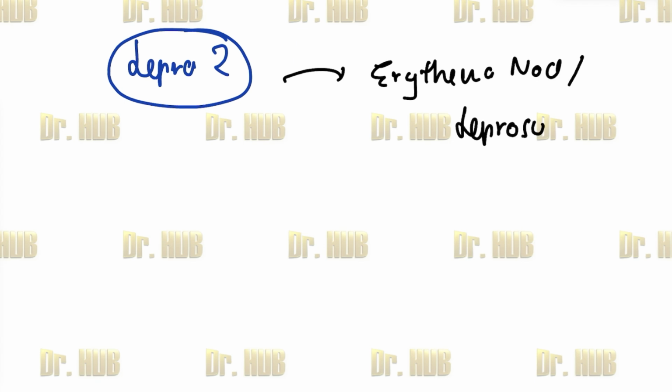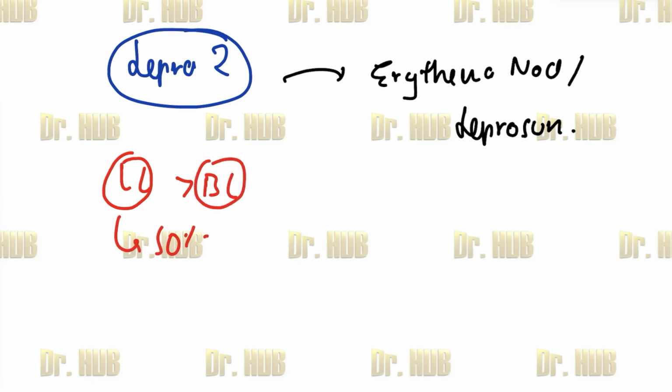Now let's jump to type 2. Lepra reaction type 2 is also known as erythema nodosum leprosum. It is seen in lepromatous leprosy, more than in BL, amounting to about 50% of cases.